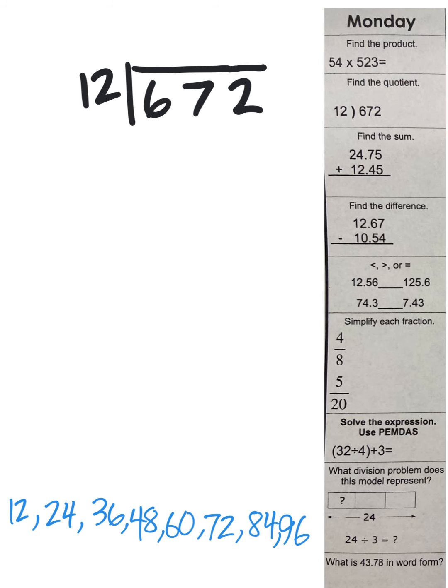So now I'm going to find the quotient of 672 divided by 12. You see I've already listed my multiples, and I can tell that I'm going to start off with a 5. 5 times 12 is 60. And subtract, bring down.